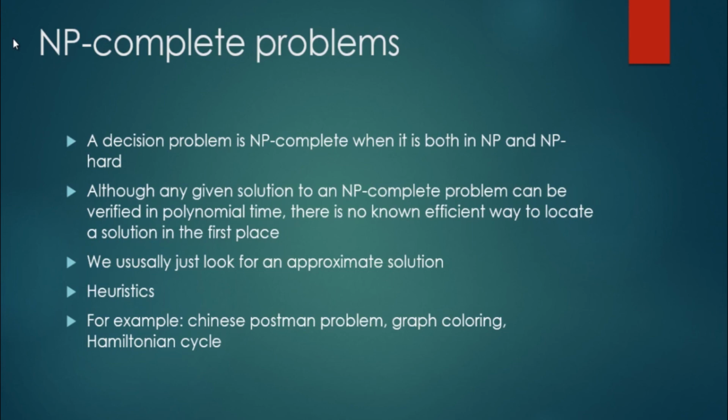For graph coloring, we usually use the greedy approach. We just want to find the nearest neighbor, and we usually end up in a local minimum, but it's a good approximation. Chinese Postman problems and Hamiltonian cycles usually rely on much more complex approaches such as simulated annealing or genetic algorithms. It's becoming more and more popular with artificial intelligence and machine learning. These are very good topics.